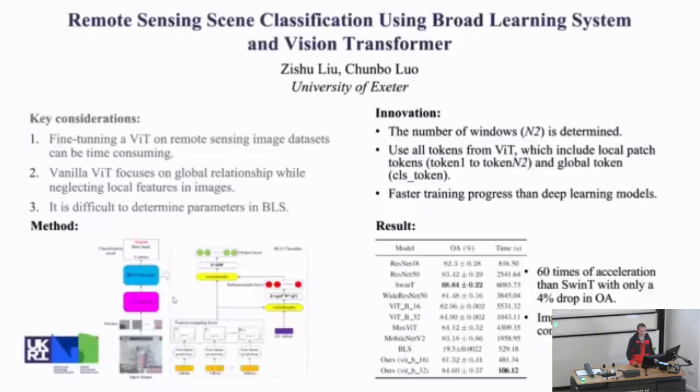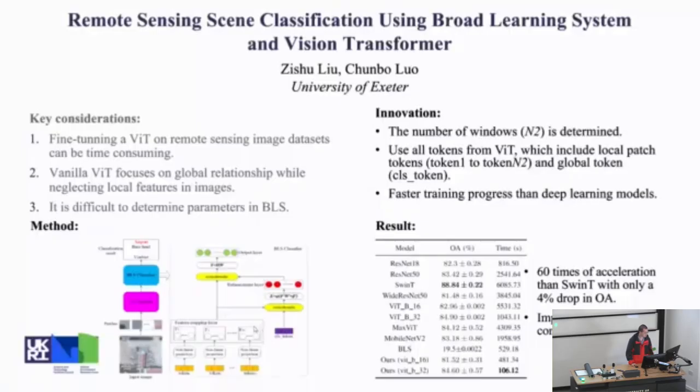Since the ViT calculates information for all the tokens, we use all the original local patch tokens as input to the feature mapping layer, and the CLS token, the global token, is used for the enhancement layer. So we use all the tokens in the ViT. We do not waste any time and space.